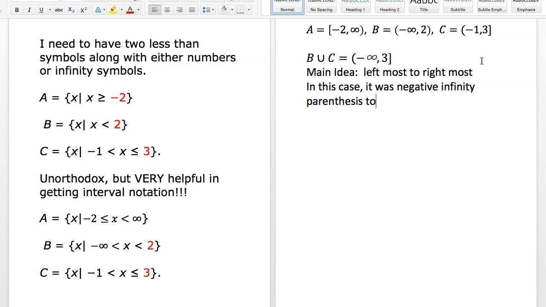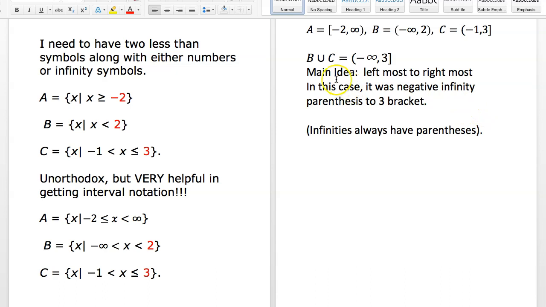Negative infinity parenthesis to 3 bracket. And let me just put a note that the infinities always have parentheses. That was kind of an aside, so I'll just isolate that off.